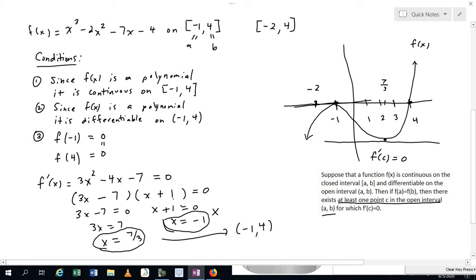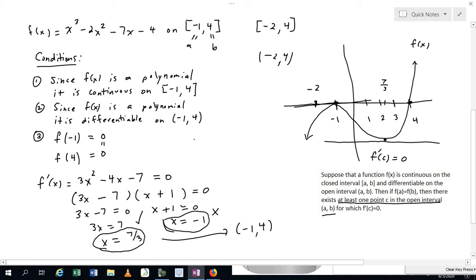And there would actually be 2 points at which the derivative is 0 that are also within the open interval. So in that case, you actually would have more than 1 point where the derivative is 0 in the open interval. Okay. But in this case, this is the only one that works that's in the open interval.